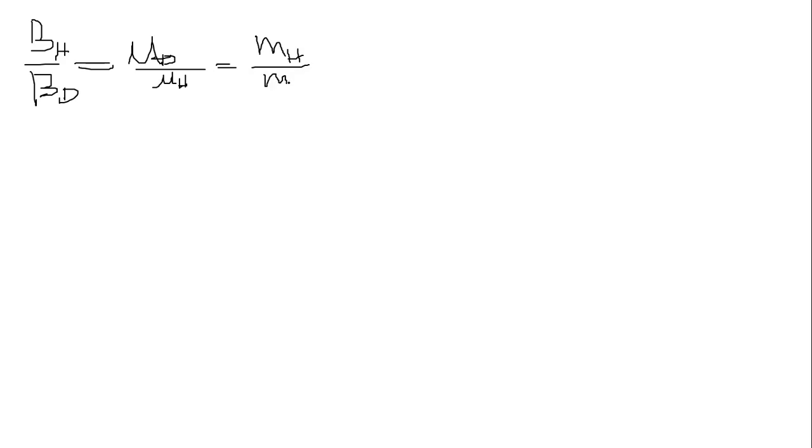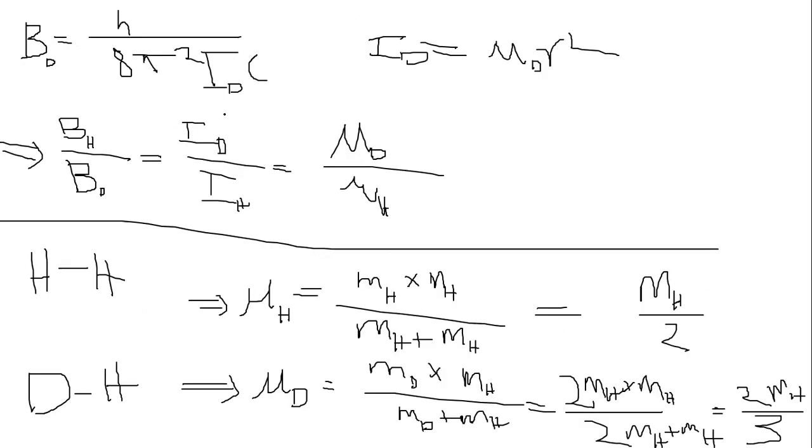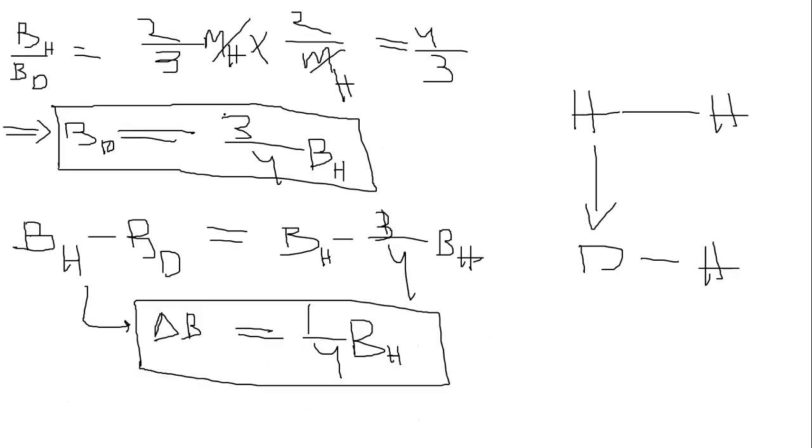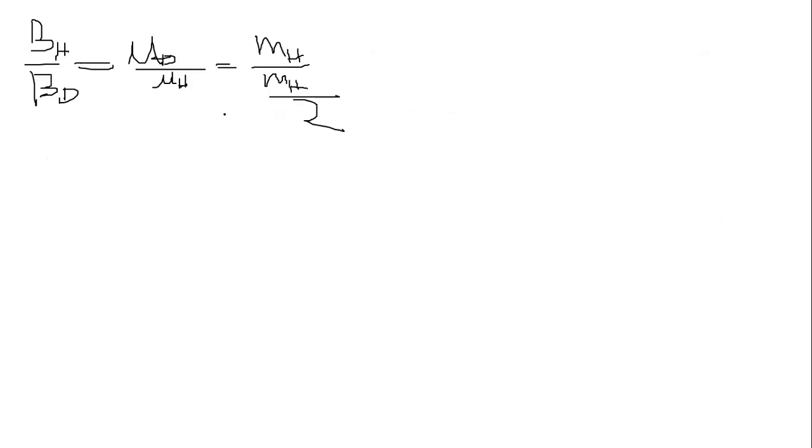Mu H is MH by 2. Note it. Mu D by mu H: mu D is MH, but mu H is MH by 2. So it is MH divided by MH by 2. So it will be how much? It will be 2.